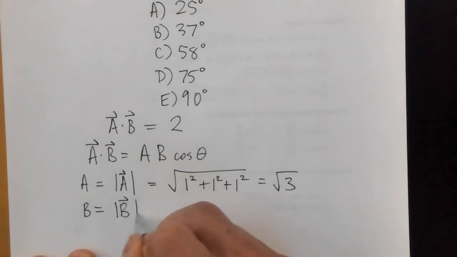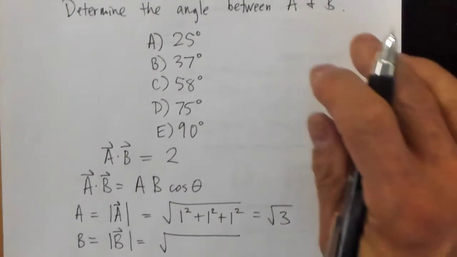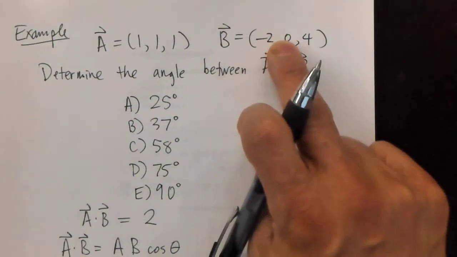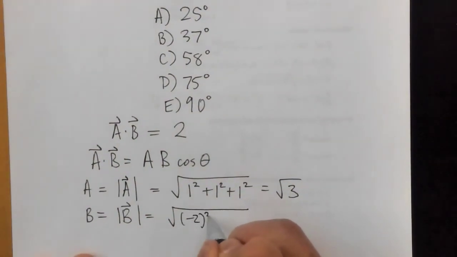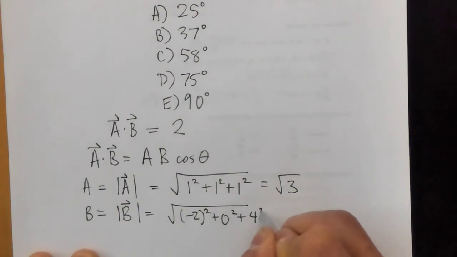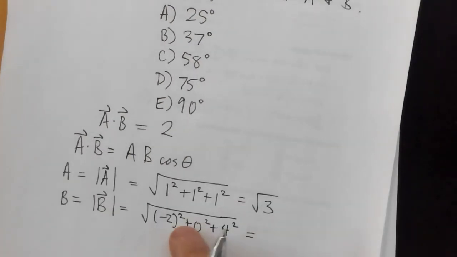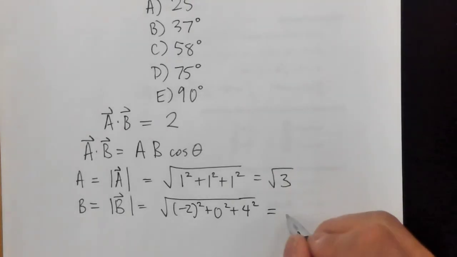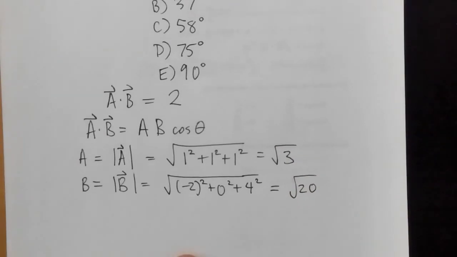And the magnitude of B is the square root of the sum of the squares: minus 2 squared plus 0 squared plus 4 squared. So 4 plus 16 is 20. That comes out to the square root of 20.